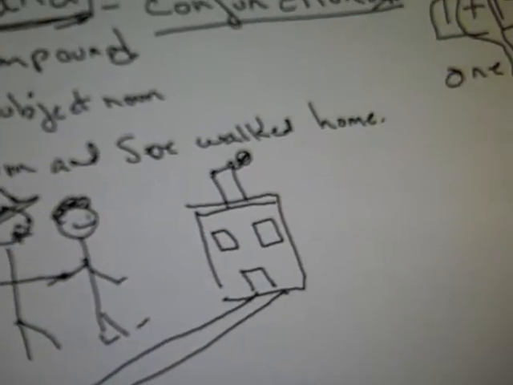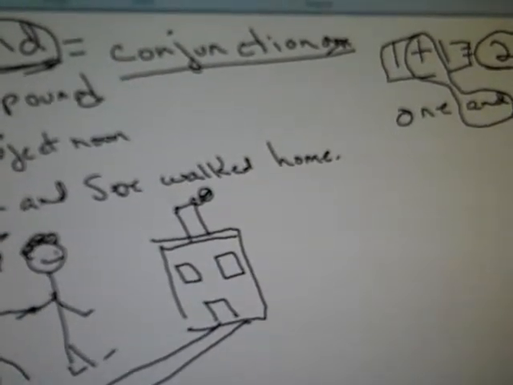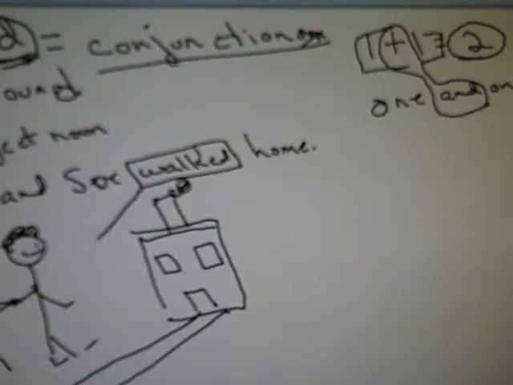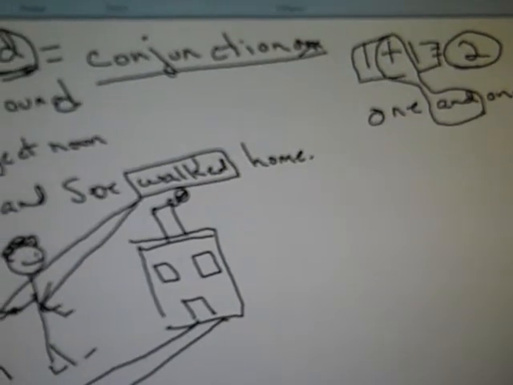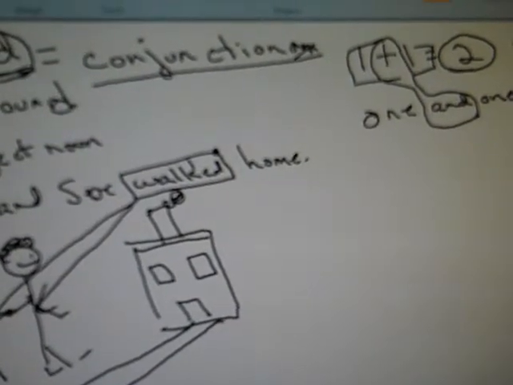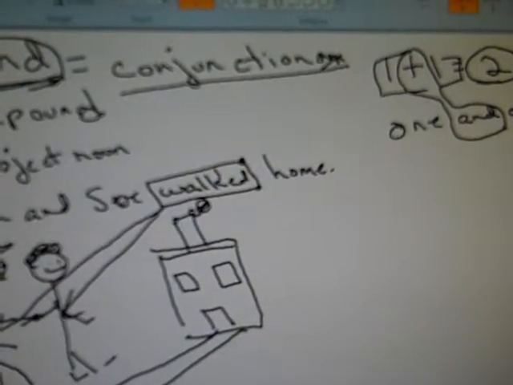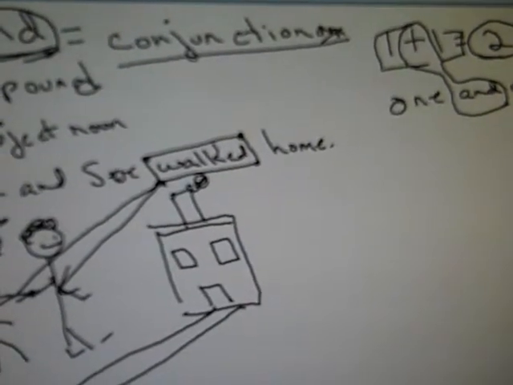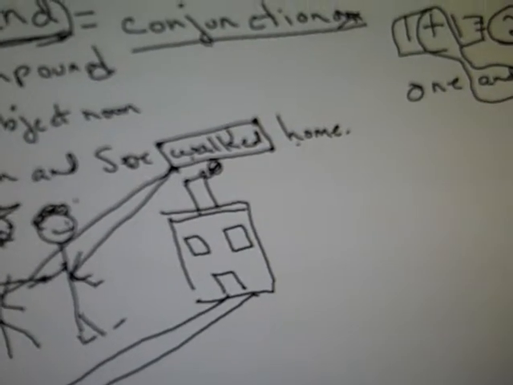So where's our verb? Did you find it? And it's inside whom? It's inside both of these people. And it's become one unit. Tom and Sue walked home, and they're sharing the verb, aren't they? It's all about sharing when you compound. And home is what?